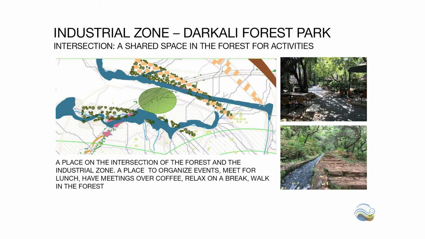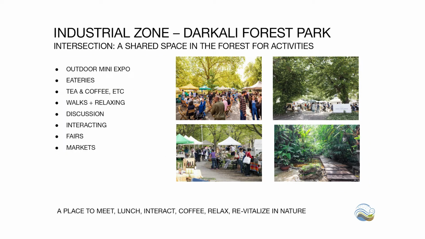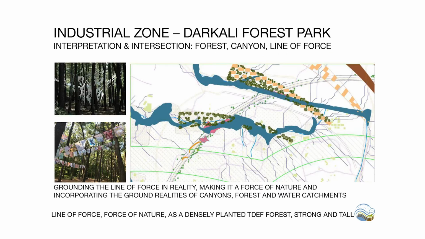There could be cafes, eateries, walks in the forest, meeting places, places for markets for the people to sell, and mini expos for their products. So basically a shared space, but with a slightly different idea than the other side.